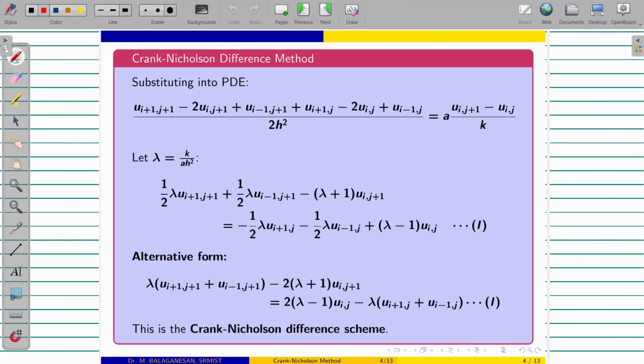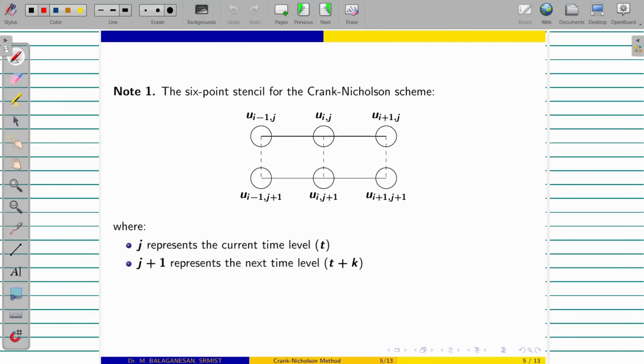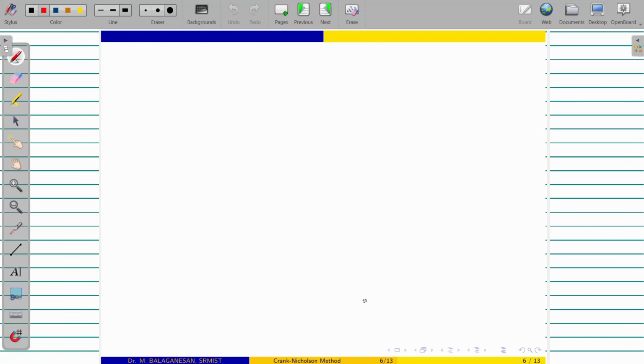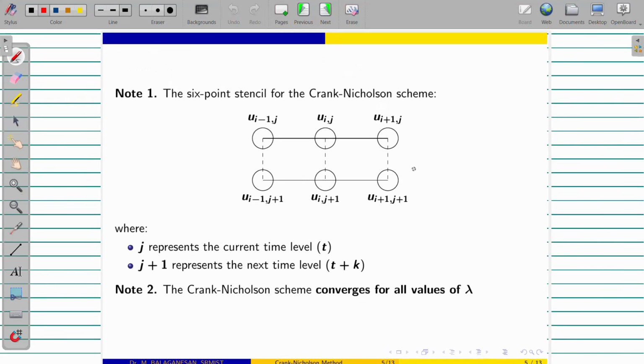Here also, for simplicity, he is going to consider one value. This is the formula for the Crank-Nicholson difference scheme. For simplicity, he'll choose lambda equal to 1, because the Crank-Nicholson scheme will converge for all values of lambda.